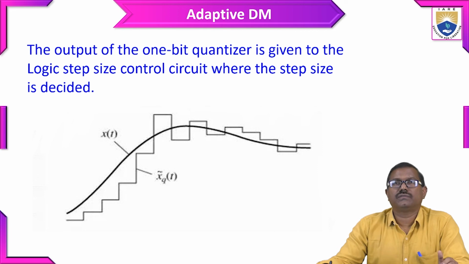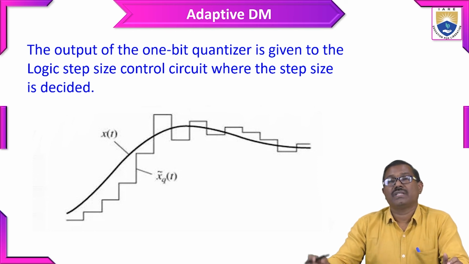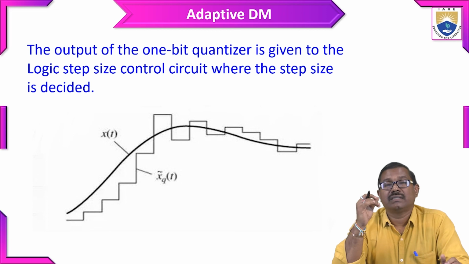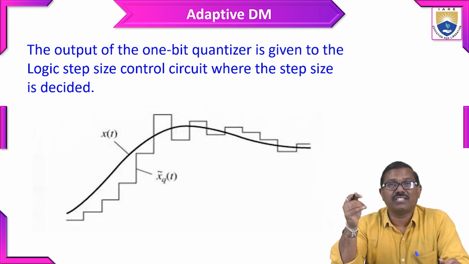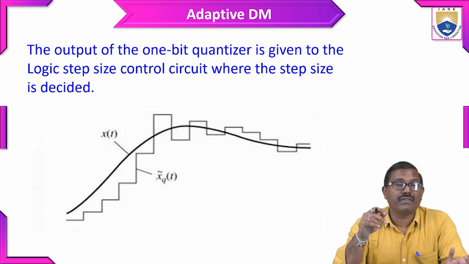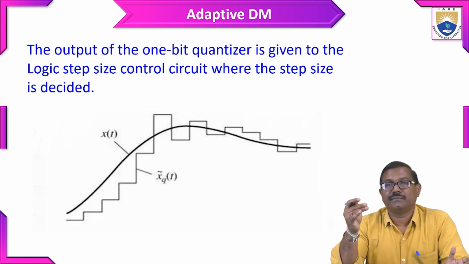So the output of the 1-bit quantizer is given to the logic step control circuit where the step size is decided. So the delta modulation doesn't have such an arrangement. There is a logic step size control. So here we have another arrangement when compared with ordinary delta.